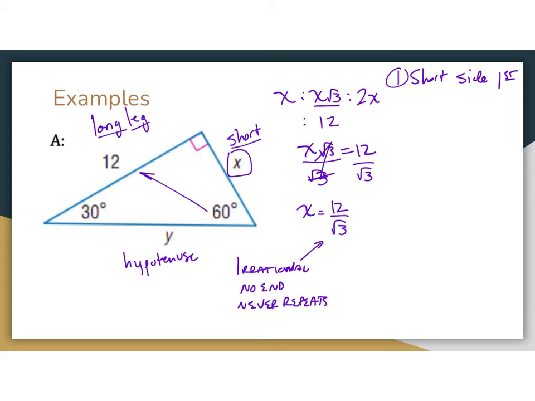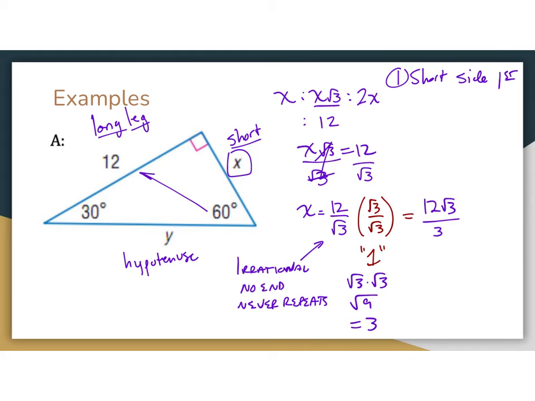So again, you cannot take a quantity of 12 divided by something that never ends and never repeats. So we work around that by multiplying by 1. Same thing top and bottom, fraction rules, that's technically 1. So when I do that, I end up with 12 square root of 3 over 3. Similar to before, square root of 3 times 3 is just square root of 9, which is merely 3.